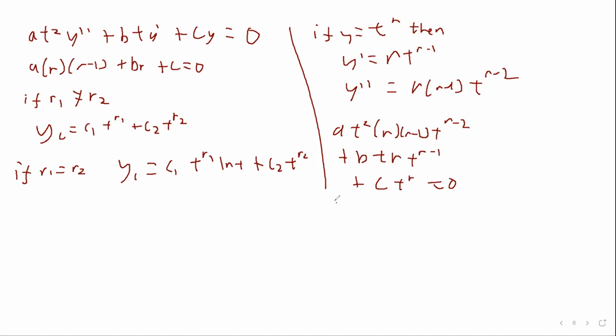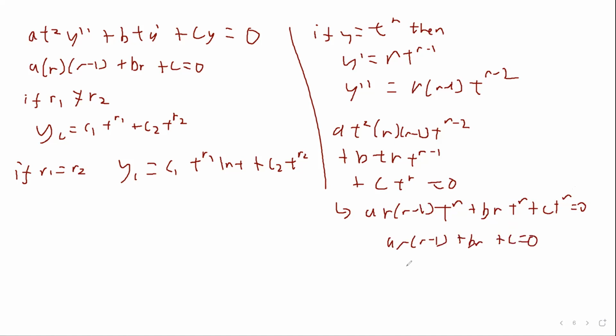So this can be rewritten as a r minus 1 t to the r plus b r t to the r plus c t to the r equals 0. And you can cancel out all the t to the r's to get a r times r minus 1 plus b r plus c equals 0, and then solve for r. Does that answer your question, or was that not what you were asking?